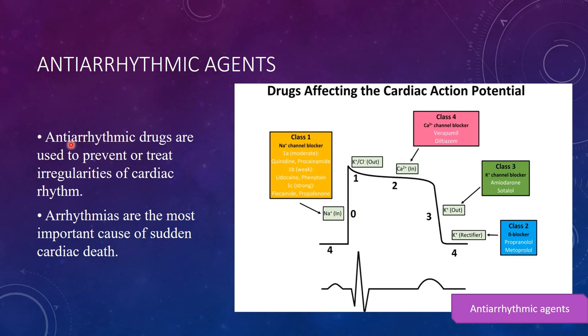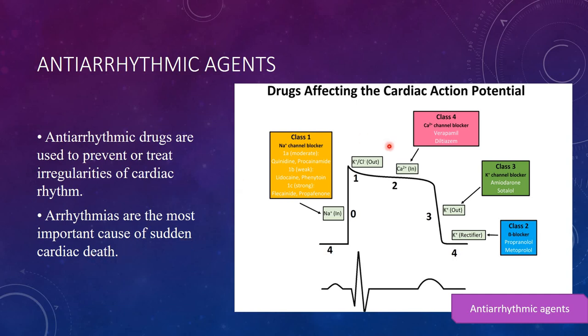Anti-arrhythmic drugs are used to prevent or treat the irregularities of cardiac rhythm. Why are anti-arrhythmic drugs used? It is being explained here. Arrhythmias are severe diseases that are one of the important causes of cardiac death.